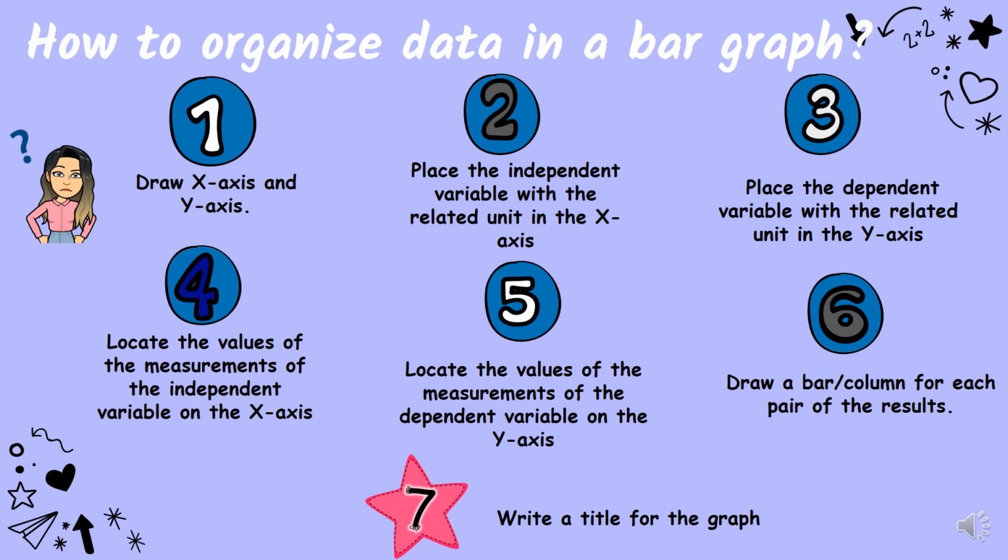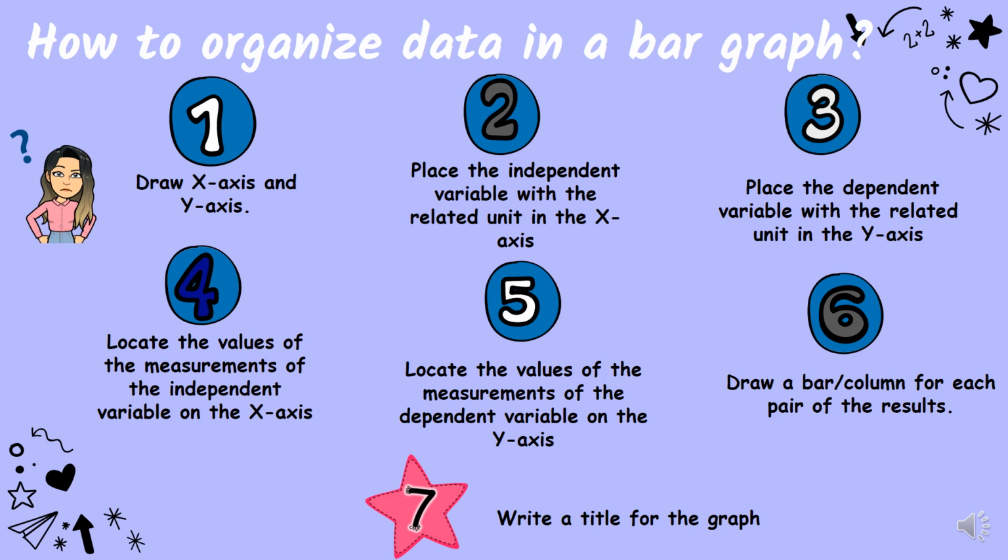How to organize data in the bar graph? Number 1, draw the x-axis and y-axis. Number 2, place the independent variable with the related unit in the x-axis. Number 3, place the dependent variable with the related unit in the y-axis.